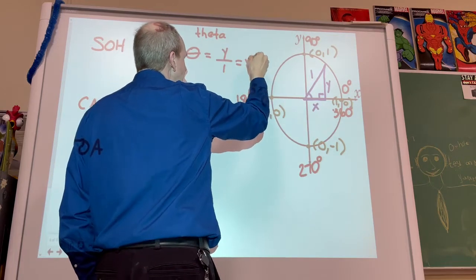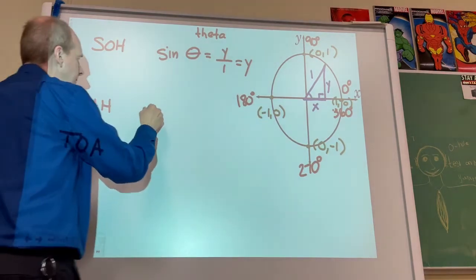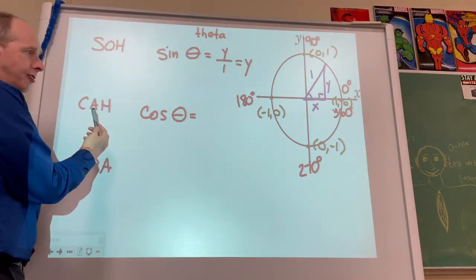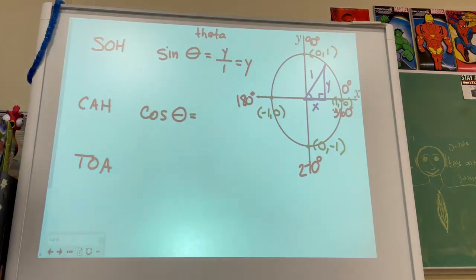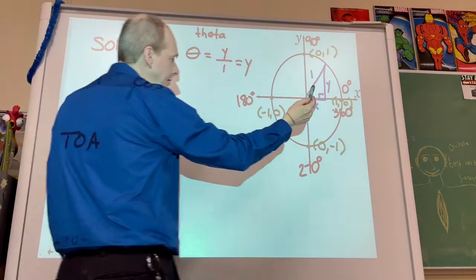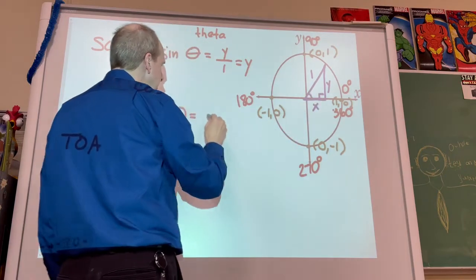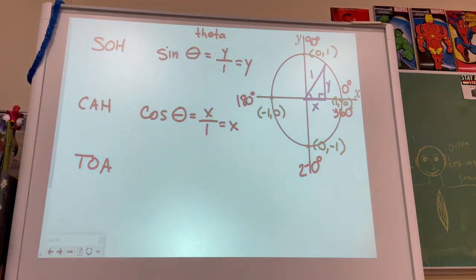Y over 1, which is simply y. Let's think about cosine. Cosine of theta, cosine is adjacent over hypotenuse. And if you look at your unit circle, the right triangle, here's my angle, adjacent x, hypotenuse 1. So x over 1, anything over 1 is itself.